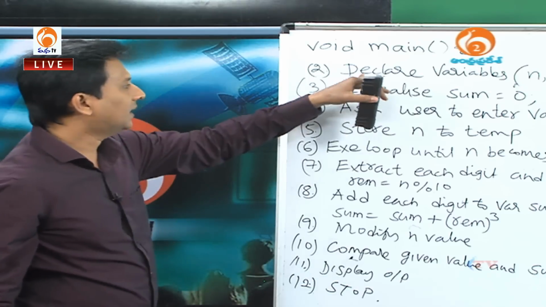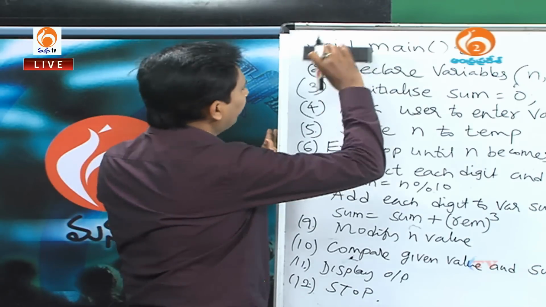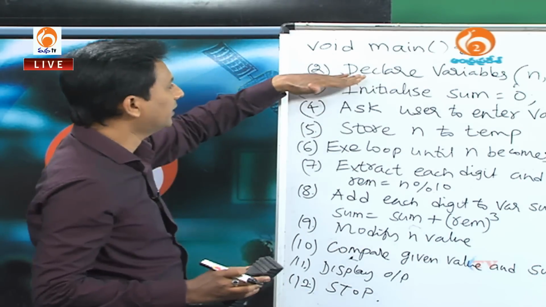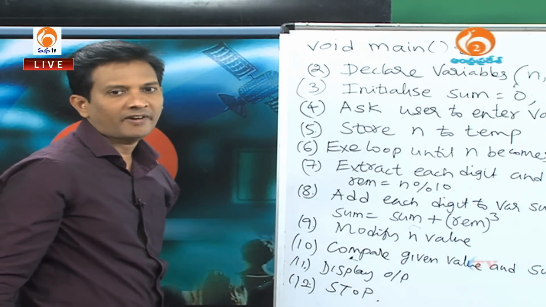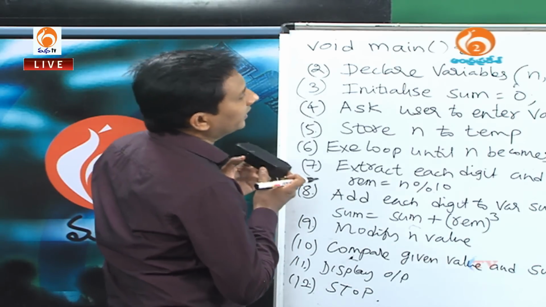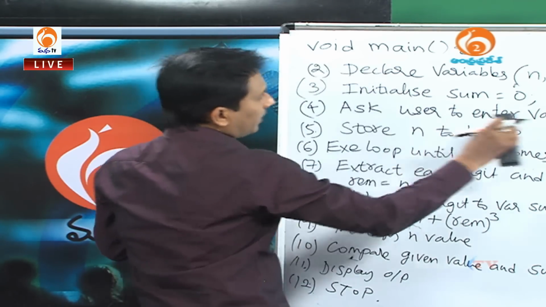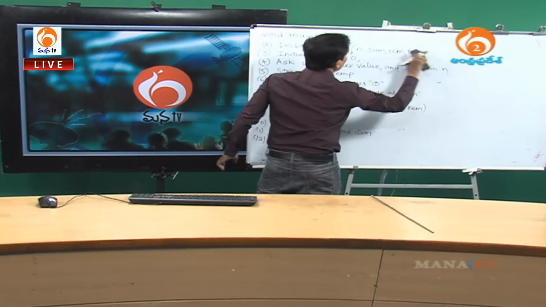Next, declare variables. The second step converted into a C valid statement: declare variables n, sum, remainder, temp.